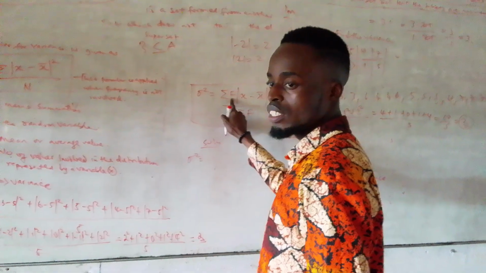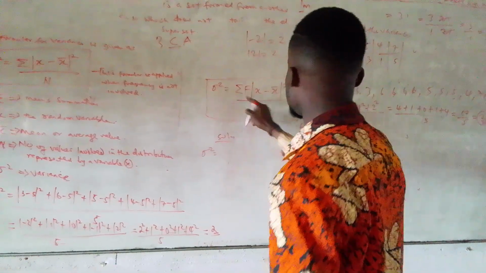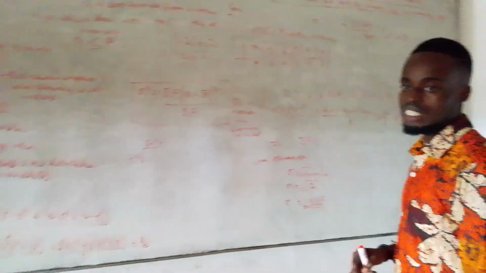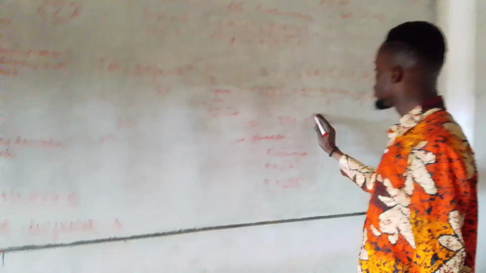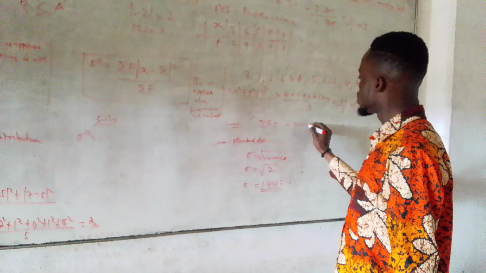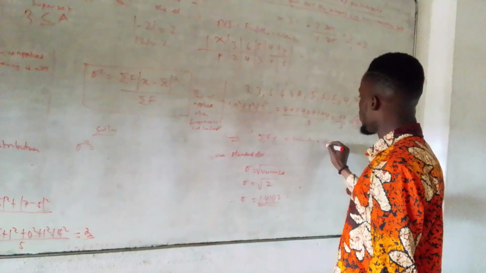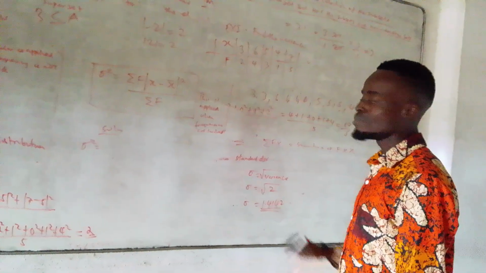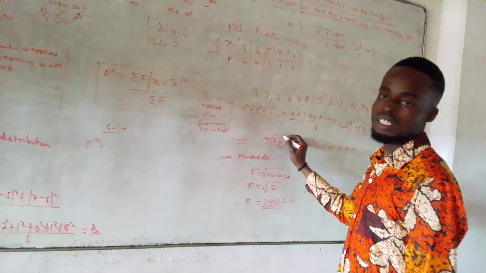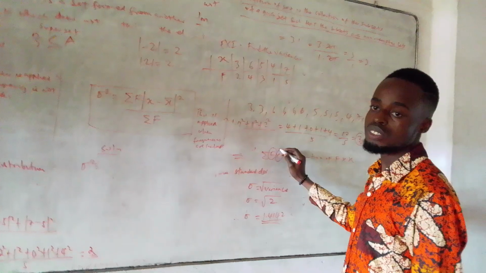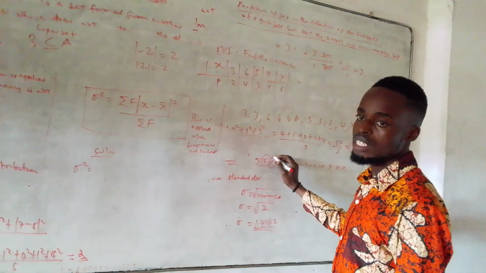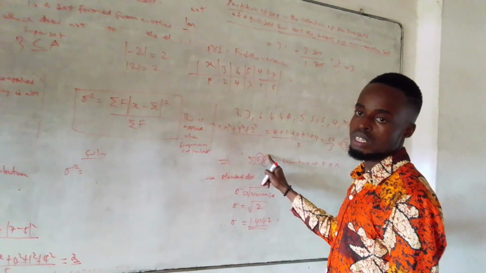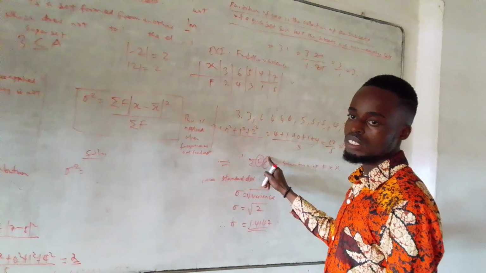Summation of f, right? That means summation of f times x. That means you are multiplying the frequency by the scores or by the values given. Are you there? You are multiplying the frequency by the corresponding value of x.